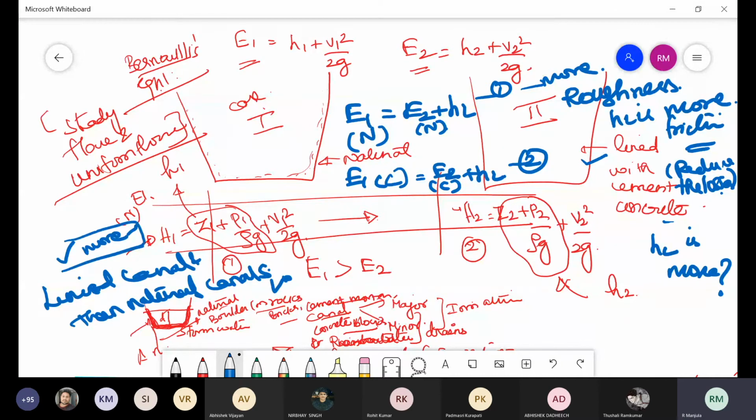So when I want to reduce this cost, in some places where lining is mandatory you have to maintain the head and the energy, and in some places you can maintain natural canals. If you go to foreign countries, many irrigation canals are lined, so that they can reduce the losses, and whatever water is released at the head, the same amount of energy will be available at the tail end.